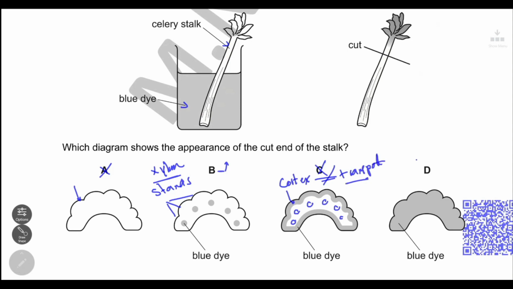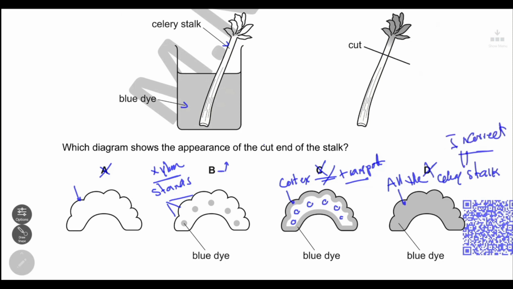D is surely incorrect, because here the water is transported throughout the stem, all of the celery stalk, which is incorrect.